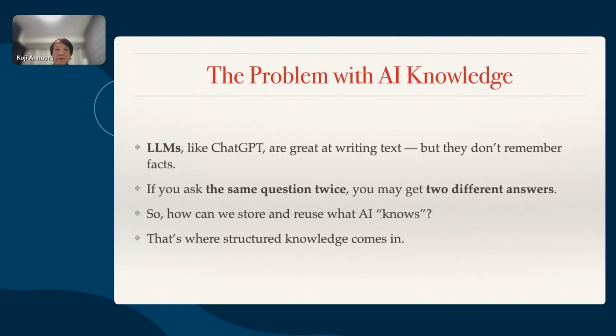From knowledge to semantics. The problem with AI knowledge: LLMs like ChatGPT are great at writing text and sometimes pictures, but they don't remember facts.